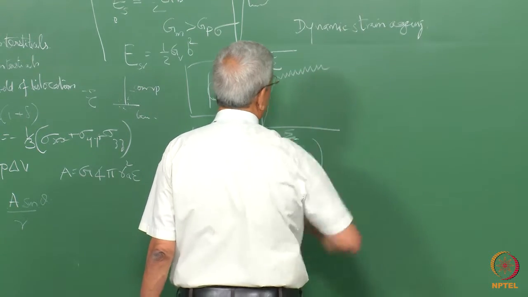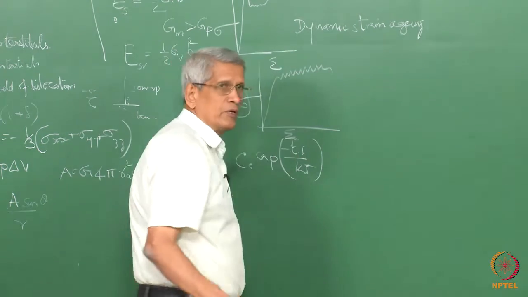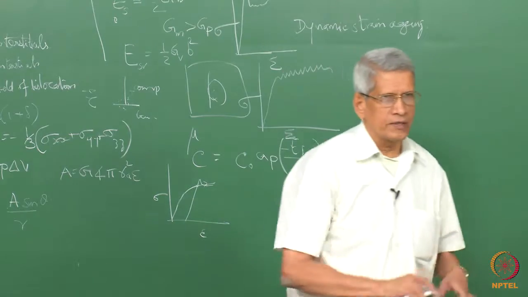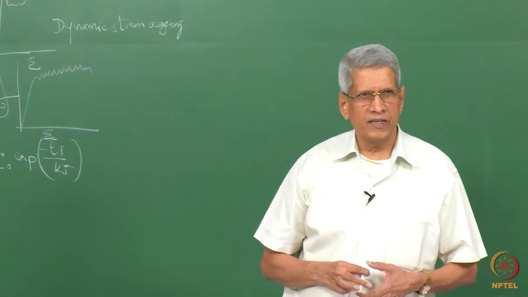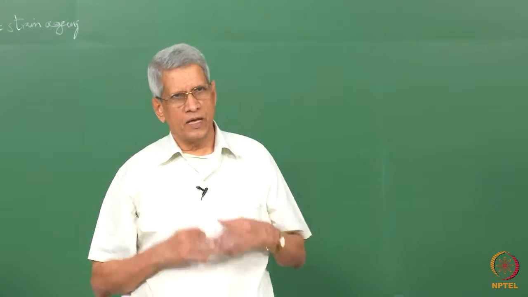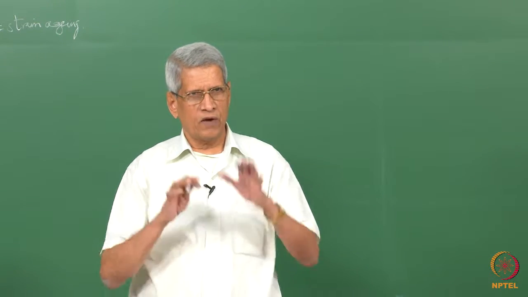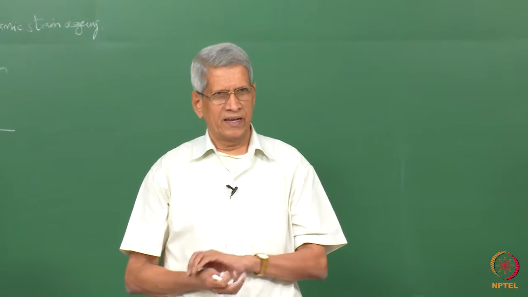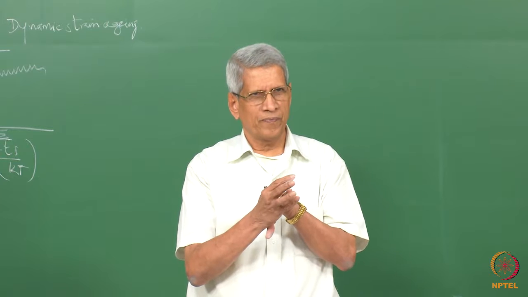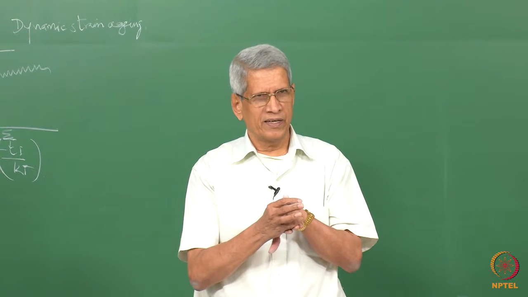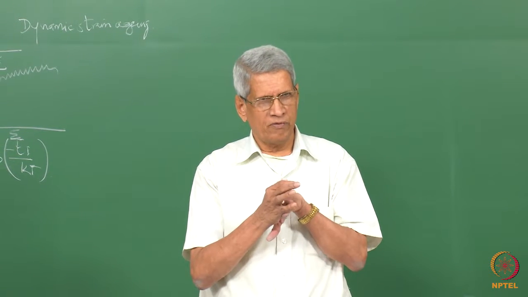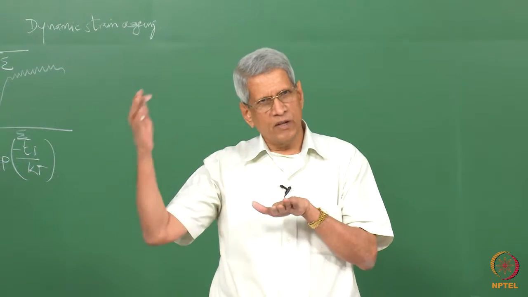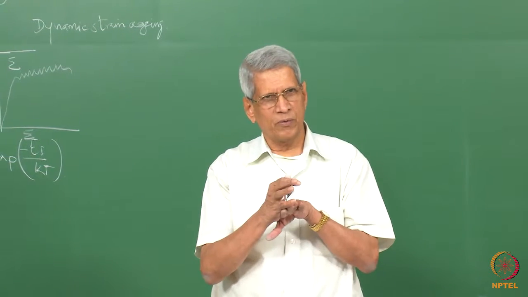there are load drops like this, it goes. This is occurring because, one of the reasons is that when the dislocations are moving in the material, a lot of forest dislocations are there. The dislocations get stopped at the forest dislocation. When the dislocation is stopped there, the defects can come and form an atmosphere around it.